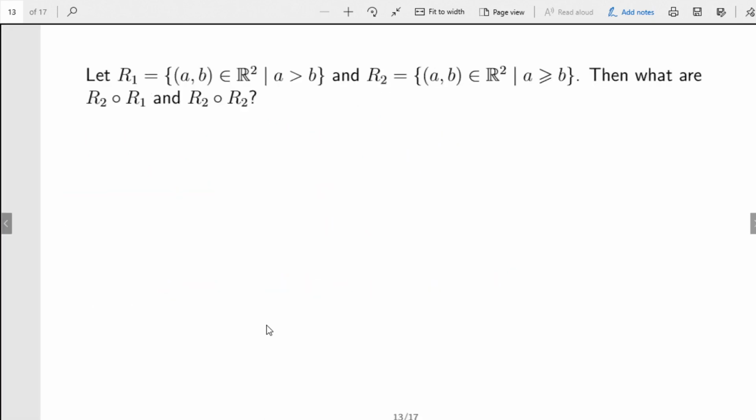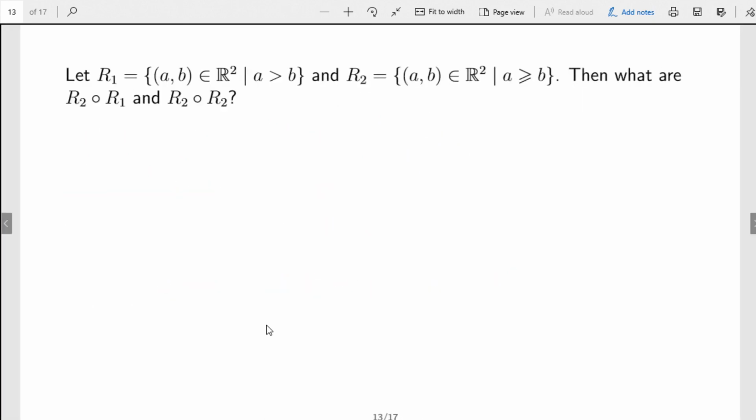So how about the second question? You are given R1 and R2, and we want to find the composition of R1 and R2, and then the composition of R2 and R2. Both relations relate pairs of real numbers. To get to the answer, it might be instructive to simply draw a few examples.